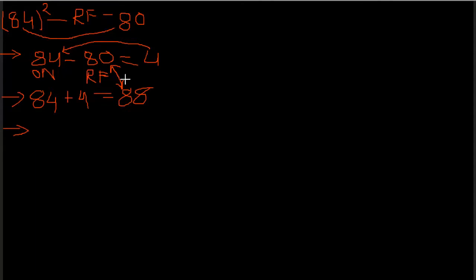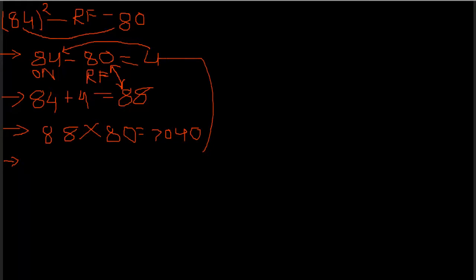The multiplication of 88 and 80 is very easy to calculate because it is easy to multiply any two-digit number with a round figure. So the multiplication of 88 and 80 gives us 7040.